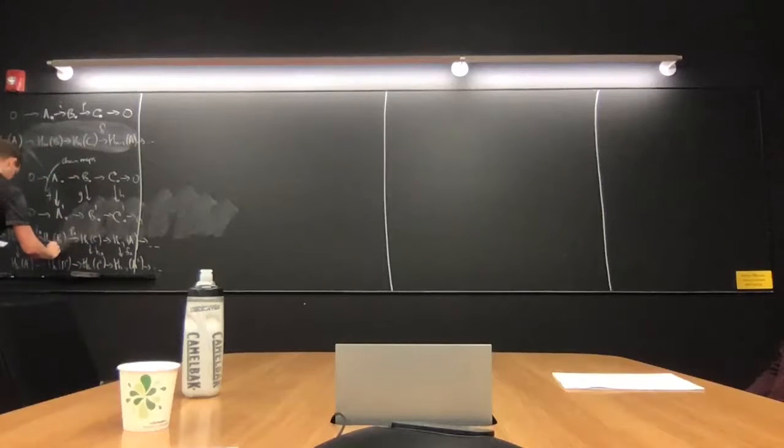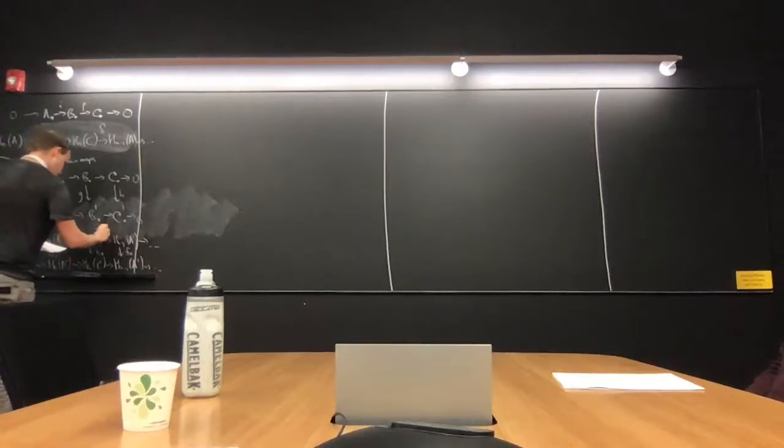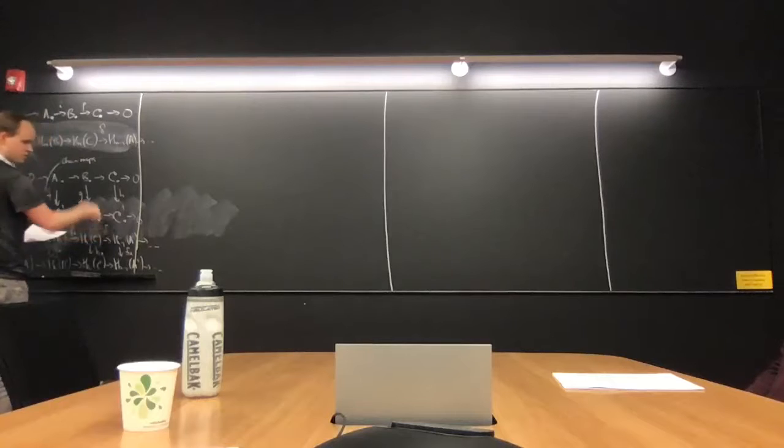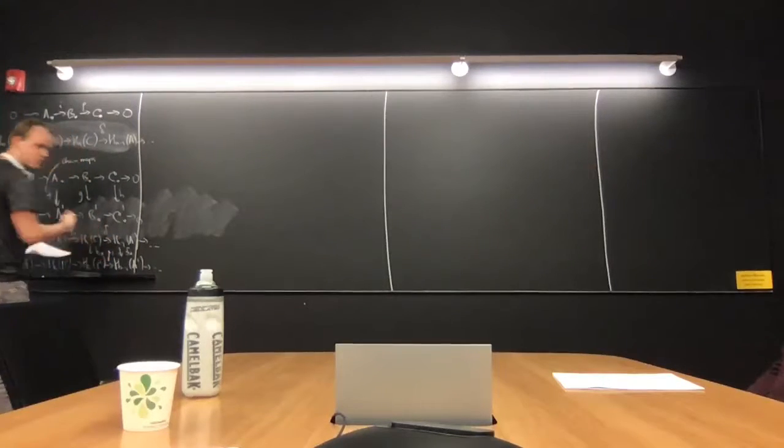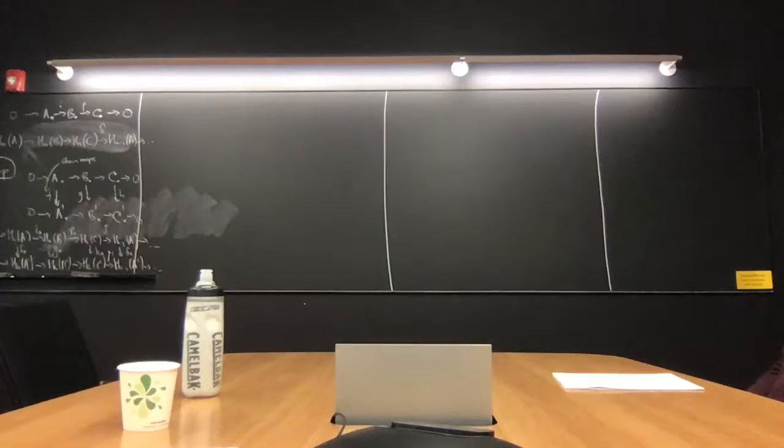Of course, g star. So the claim, and here we have the delta constructed by the zigzag lemma for the first sequence and the delta prime constructed for the second sequence. So we claim that this commutes. The fact that these two rows are exact, we already know, so we just need to check that it commutes.